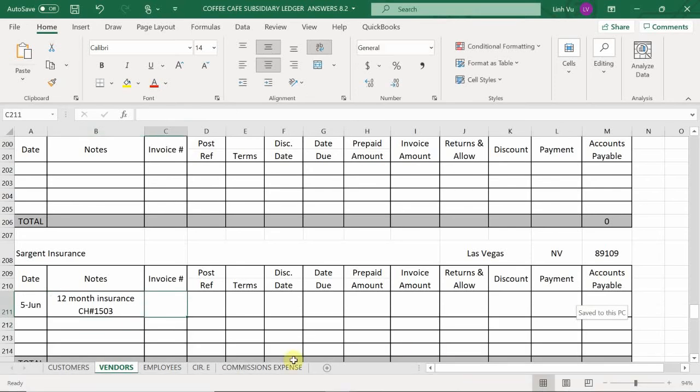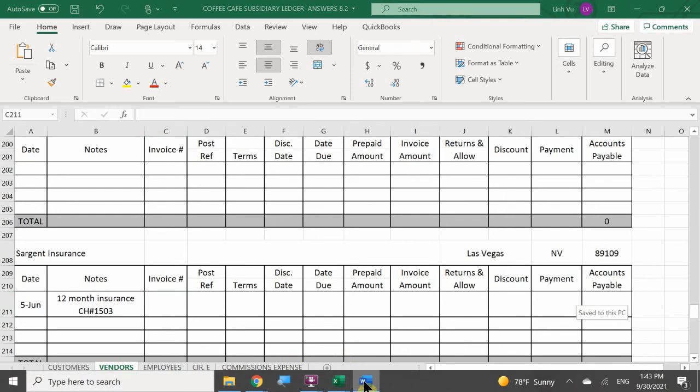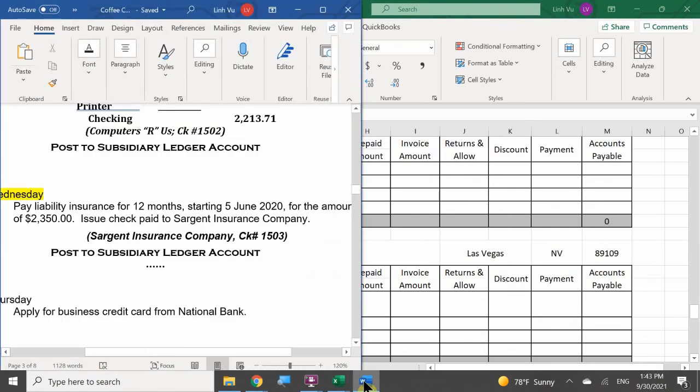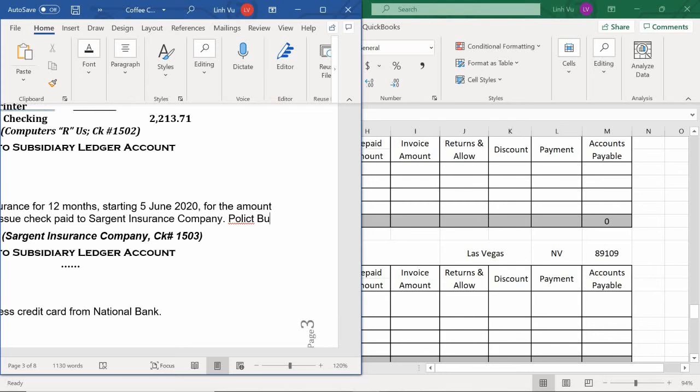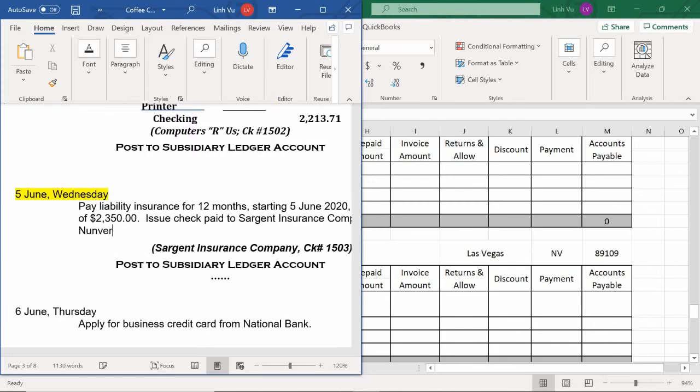Invoice number. So is there a policy number? There's no policy number here. I guess we can just make up a number. The invoice is the policy number, the same thing as an insurance number, right?